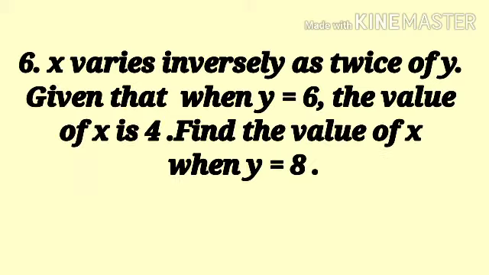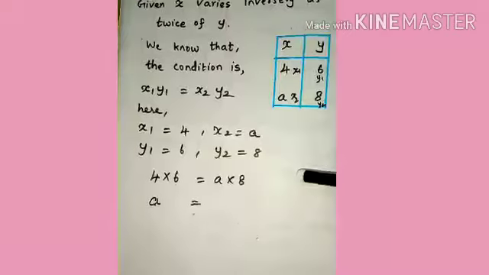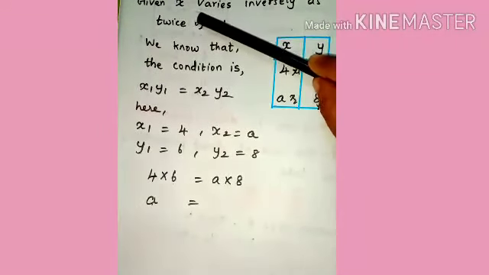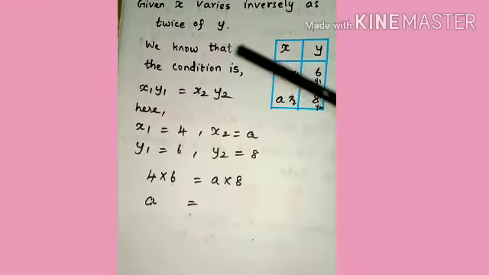Sixth question. x varies inversely as twice of y. Given that when y is equal to 6, the value of x is 4. Find the value of x when y is equal to 8. Students, in the solution, it is given that x varies inversely as twice of y.